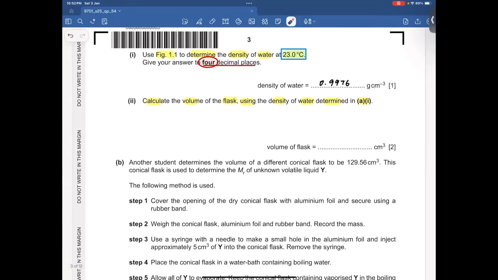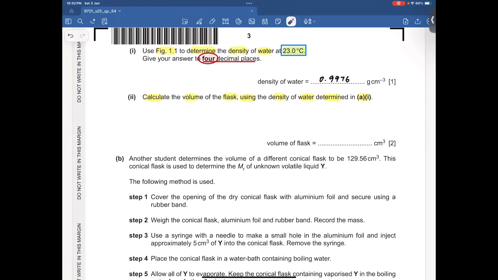So technically, first of all, let's find the mass of water.